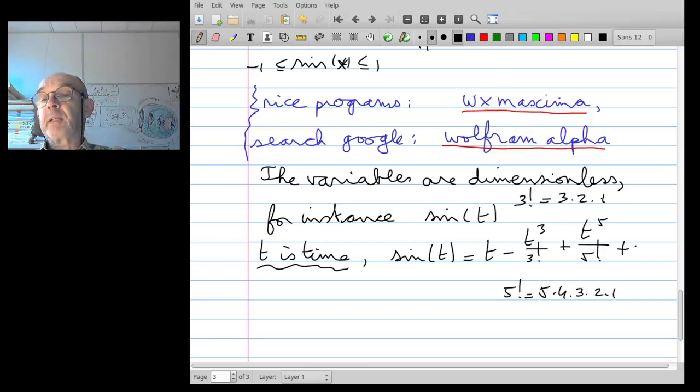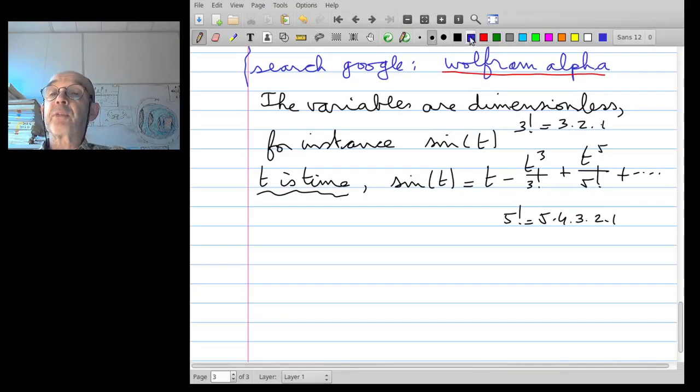Now, and you can go higher. If your t is small, this will give you an approximation. Here you have t, there you have t to the power 3, and there you have t to the power 5.